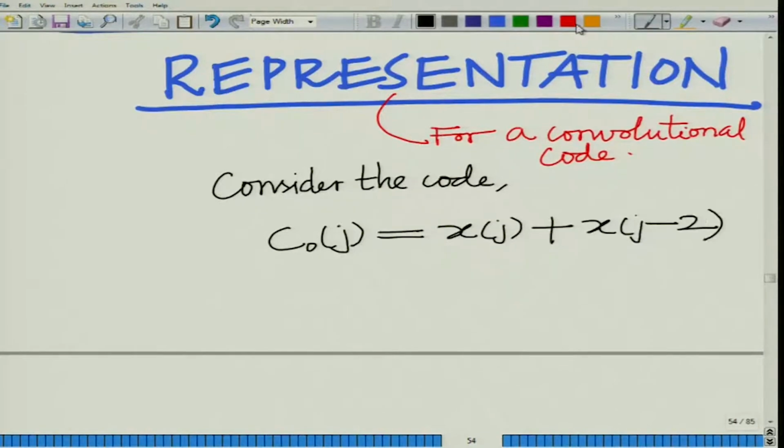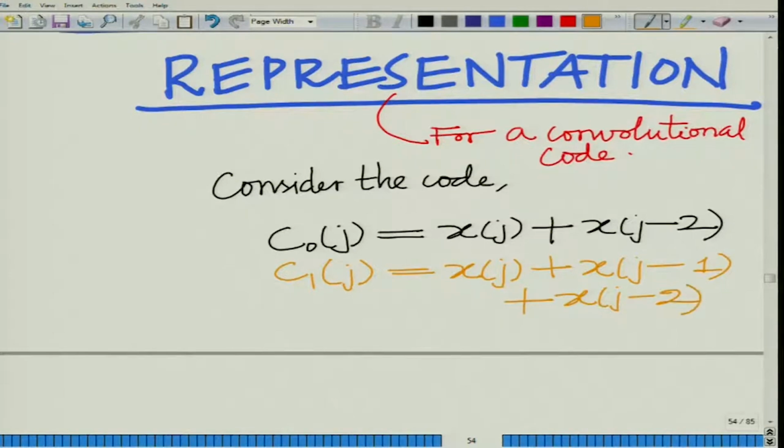Needless to say, this is arithmetic in the binary field, the plus and dot operations that we have seen before. C1j equals xj plus xj minus 1 plus xj minus 2.